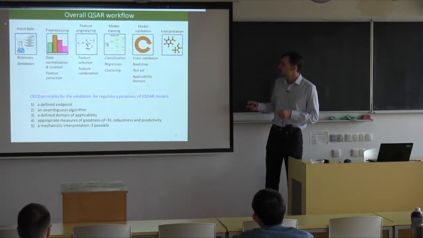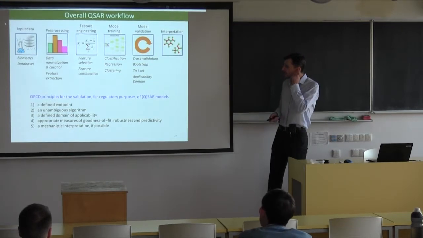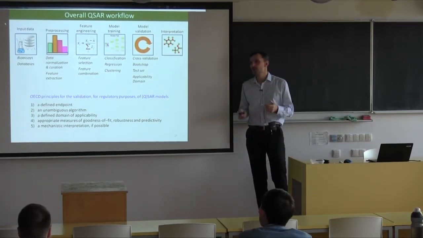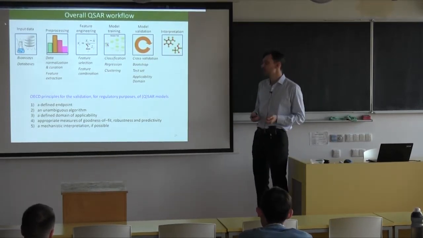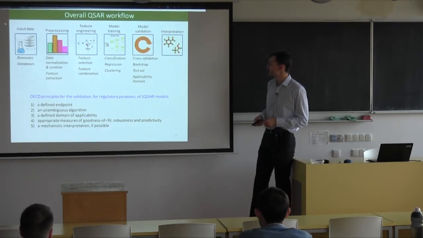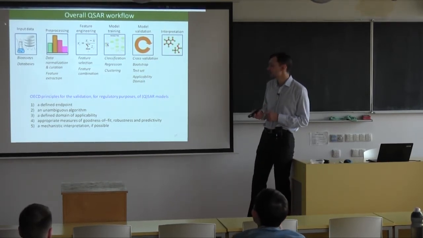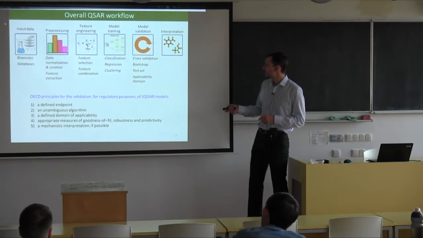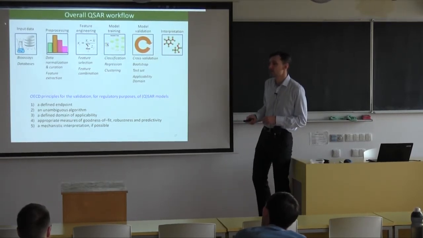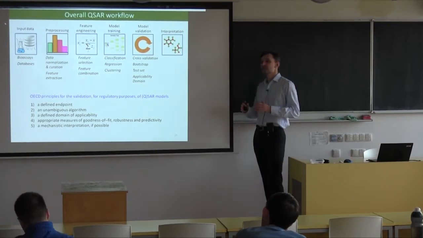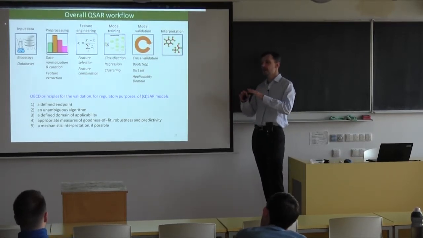And I just want to point out the 5 important principles for QSAR models which can be used for regulatory purposes, by OECD. So they should have a defined endpoint. They should have an unambiguous algorithm, a defined domain of applicability. So it means that models cannot predict everything in the chemical space.